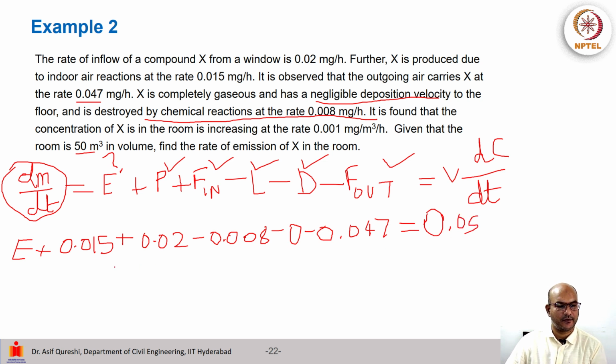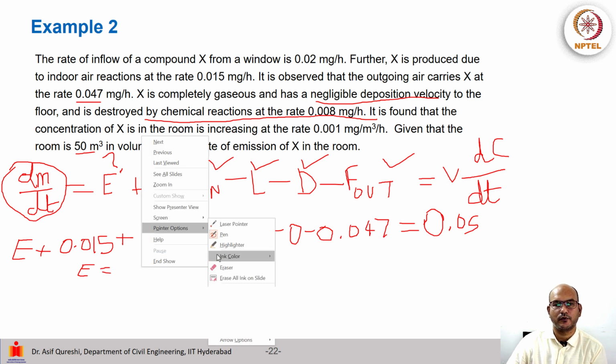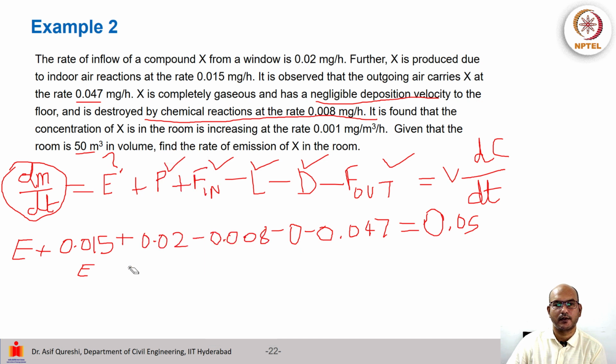So basically we get E is equal to, or we will go one more step slowly.